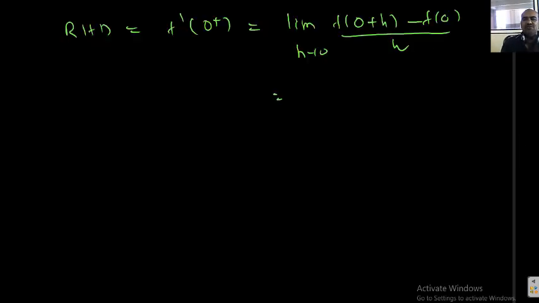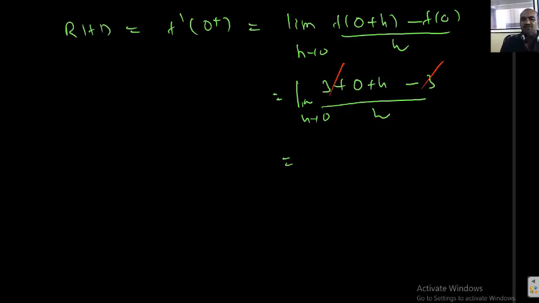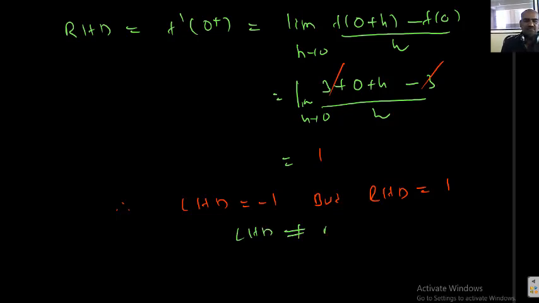So instead of x I write 0 plus h: 3 plus 0 plus h, minus f of 0, 3 only, divided by h, limit h tending to 0. The 3 gets cancelled, h by h means 1. So LHD equals minus 1, but RHD equals 1. LHD is not equal to RHD. Therefore, f is not differentiable at x equal to 0.